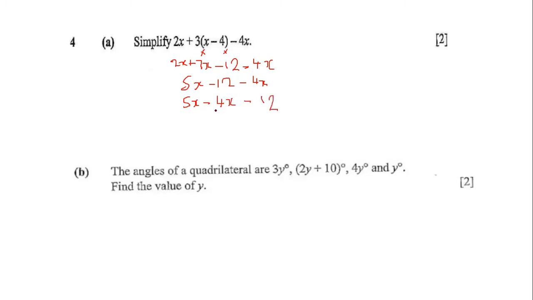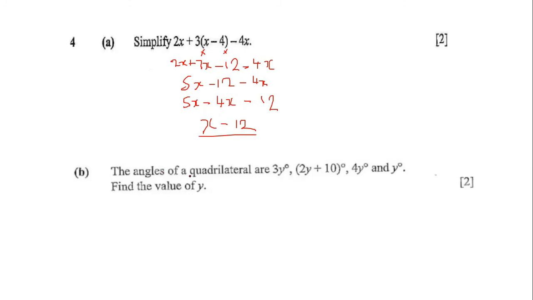So 5x minus 4x minus 12, and 5x minus 4x gives us x, and minus 12. And we have simplified. So just follow the procedure for addition and subtraction, and you get the actual figures.